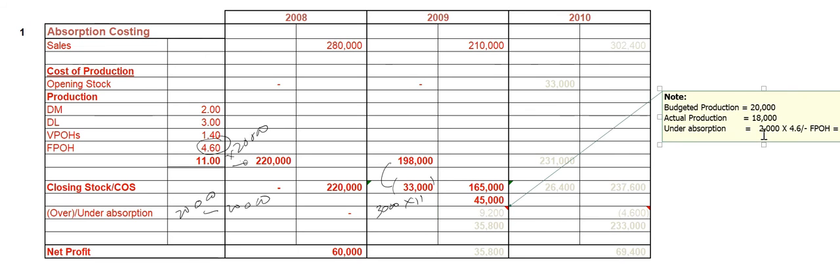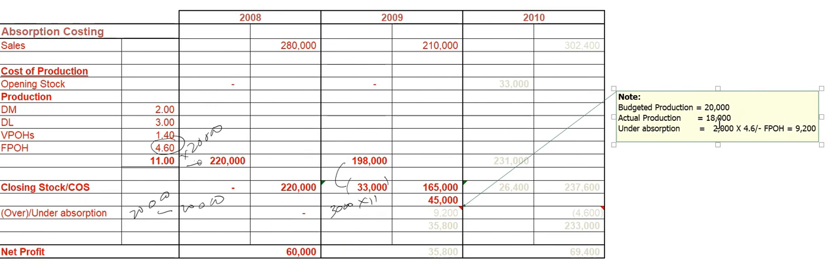Difference is under absorption of 2,000 units, times what is the fixed production overhead absorption rate, which is 4.6. So 2,000 times 4.6 will be 9,200 under absorbed.